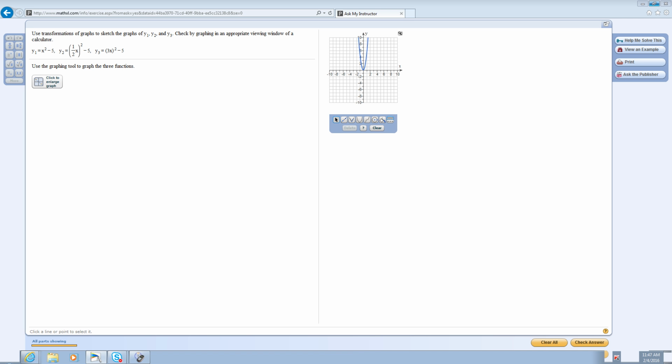Now the first one is y is equal to x squared minus 5. But I'm going to put x squared up here because I want x squared to be my basic model. There's the basic model. Okay, y is equal to x squared. Now, is the negative 5 inside the square or outside the square?